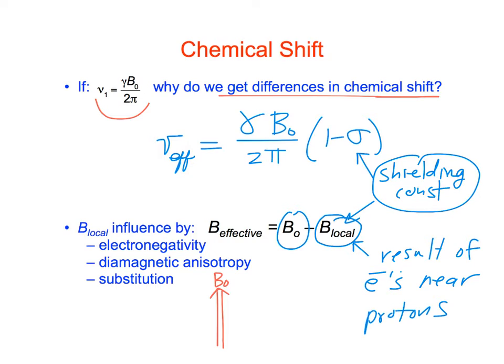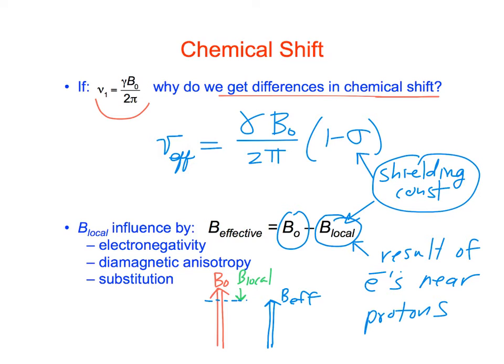Okay, B local opposes B0. So this is B local, and it essentially subtracts or shields the nucleus from part of that magnetic field. Okay, so this is B effective, and this is what the proton is experiencing.